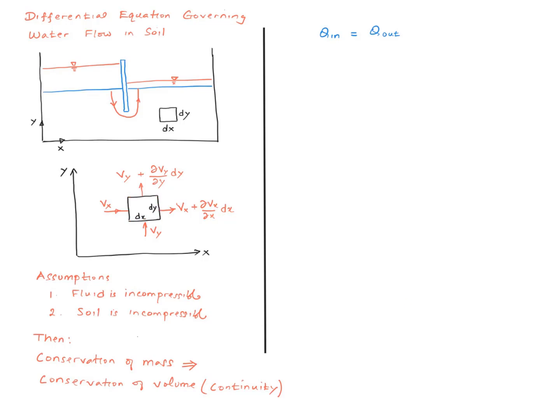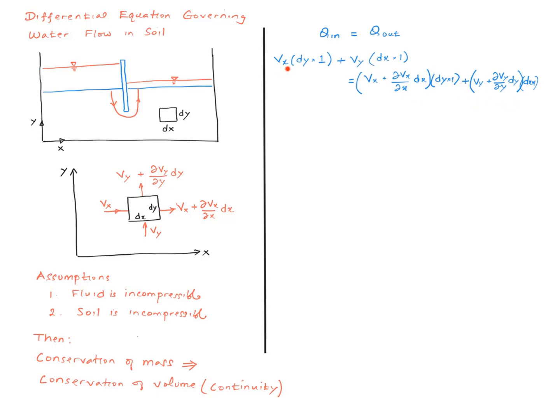So to calculate the volume rate of water that comes in through this face, I just need to take this velocity and multiply that by the cross-sectional area of this face, which is dy multiplied by 1, where 1 is the thickness of this element, into the paper. So here is the expanded form of the continuity equation.